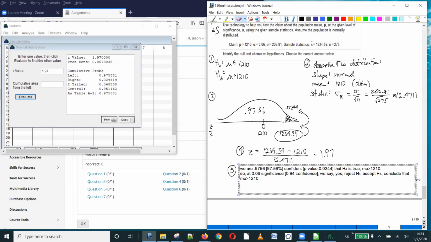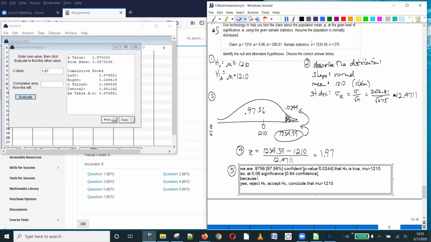Okay. So I know you really asked specifically about calculating the z-score, but I wanted to go through every little bit step by step of an entire hypothesis test. So let me fill in that explanatory line.